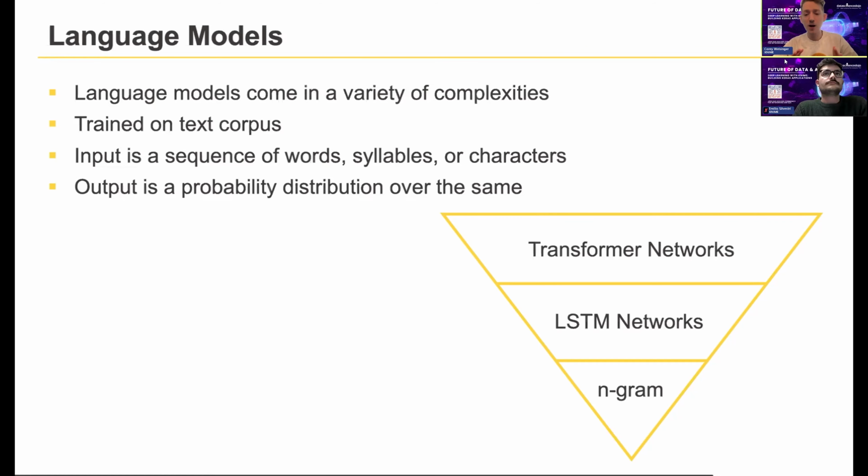Some really complicated ones are transformer models, huge transformer models that require things like transfer learning and reinforcement learning to fit all of the parameters. But a lot of the more day-to-day applications of language models fall back to what was once upon a time the cutting edge of LSTM networks here. So that's what we're going to talk a little bit about, this LSTM network middle ground.